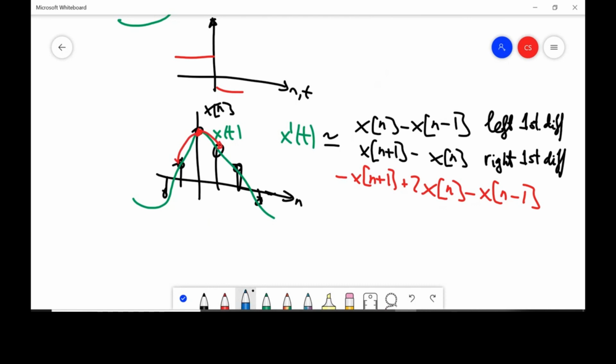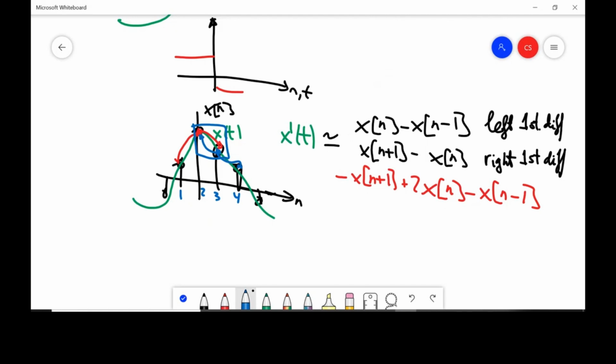This one is taking the information from here, from there. What about this other pixel? This other pixel takes information from here, from there. And if you count, we have 4 pixels. So to estimate the derivative at these 2 points, you need 2 extra points, one on the right, one on the left.